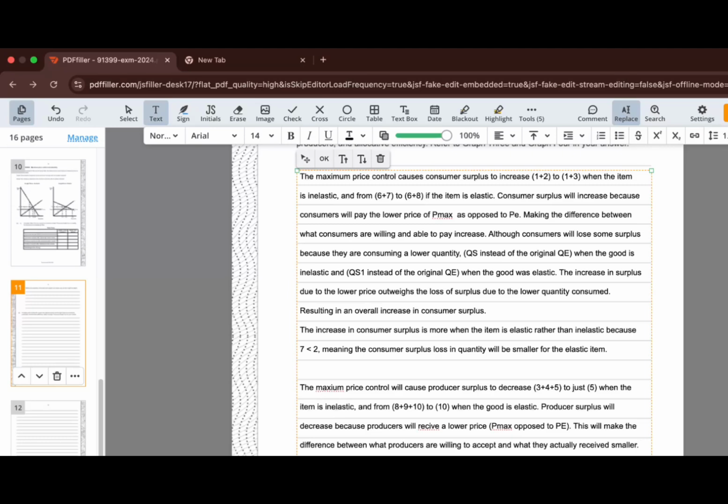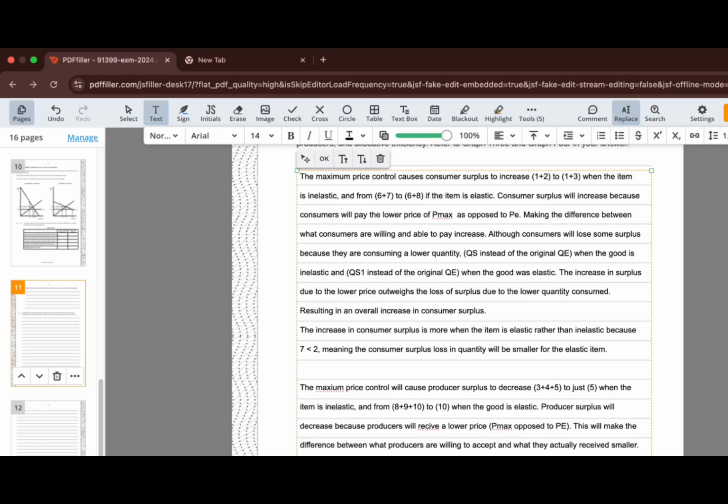So coming on to the second section of the producer surplus, we'll say they will also sell a lower quantity, QS as opposed to QE, when I think that's when it's inelastic.